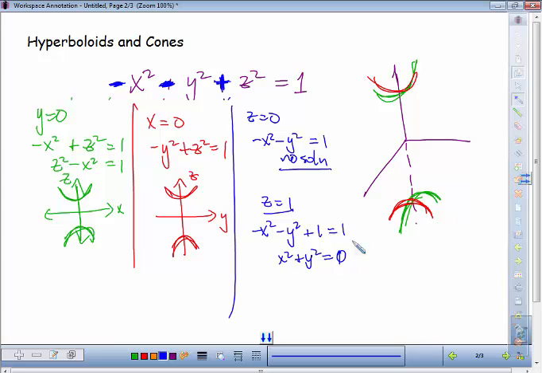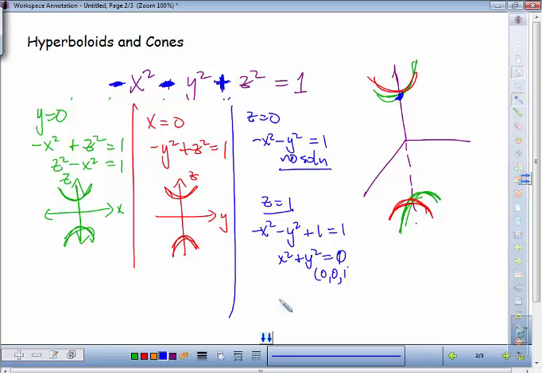Do you remember what that was? It would be 0 for x and 0 for y, but z is equal to 1 because that's what we set it as. So there's one point where that plane is going to touch that graph. So are you seeing what's happening?